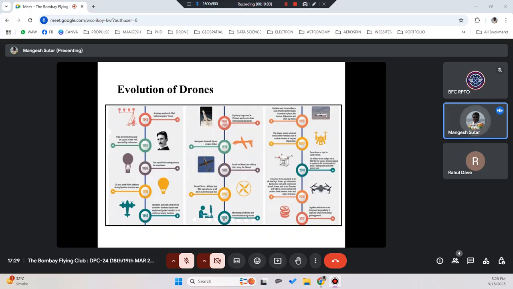Legality and ethics were coming into the picture, and every company and every country was trying to adopt and understand how the challenges and teething problems in the flying of drones could be addressed.